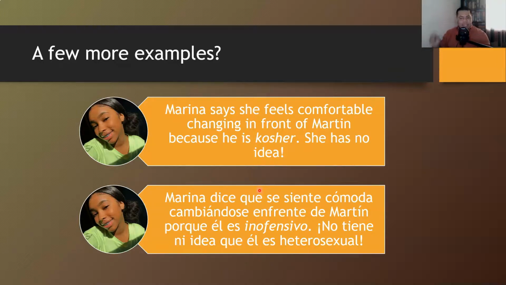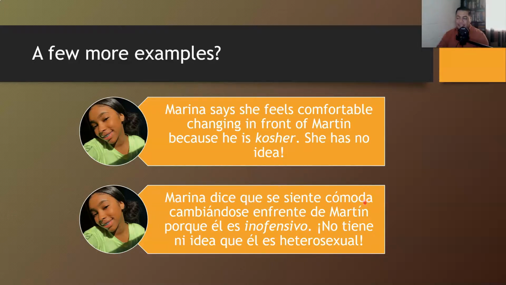Now, this is the more widely accepted term, but we can also use kosher to refer to somebody who doesn't pose danger. To be more precise, somebody that you don't have to worry about. But anyway, let me instead share the translation with you. I think it's going to make things clearer now.